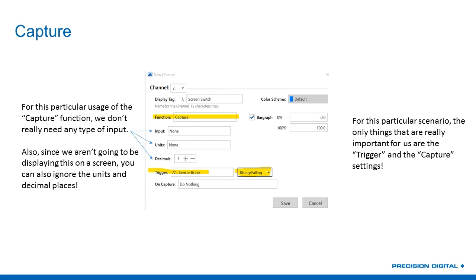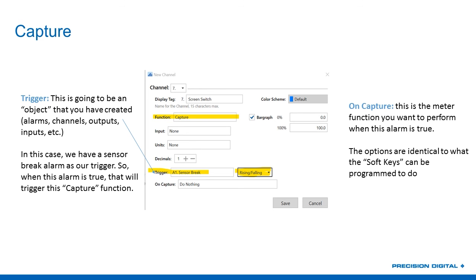And so your trigger is going to be an object that you created, whether it's an alarm, a channel, some sort of output or object, something. So for this particular scenario, I went ahead and made it so that an alarm is my trigger. And it's a sensor break alarm.